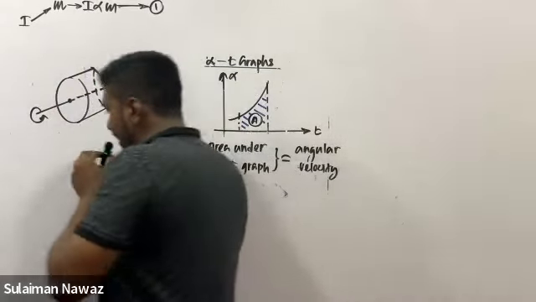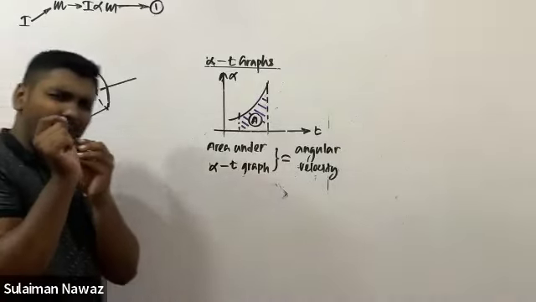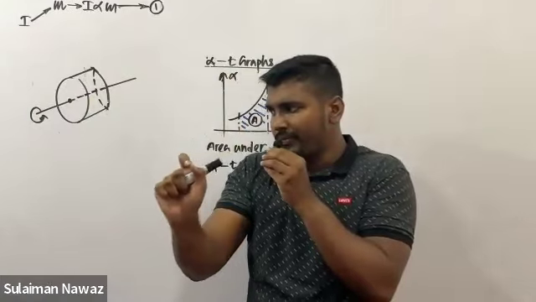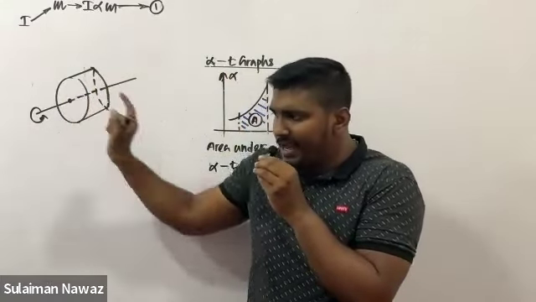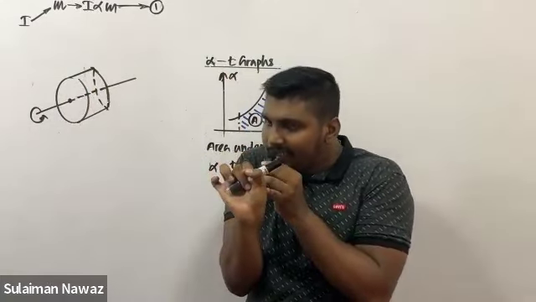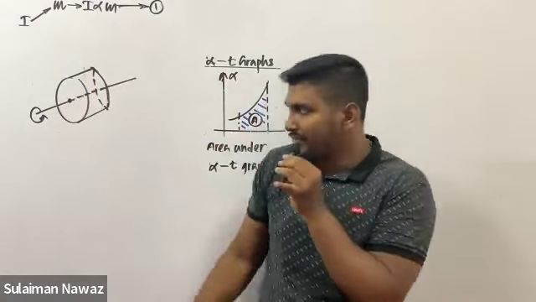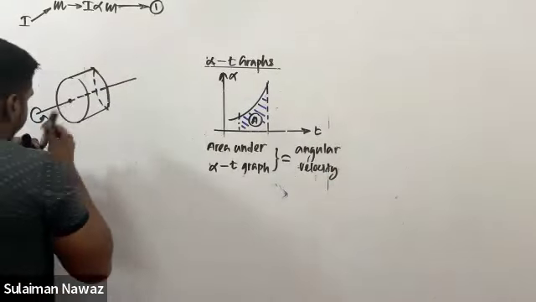So what is the largest distance to a particle from the axis of rotation? Now you know particles are everywhere.